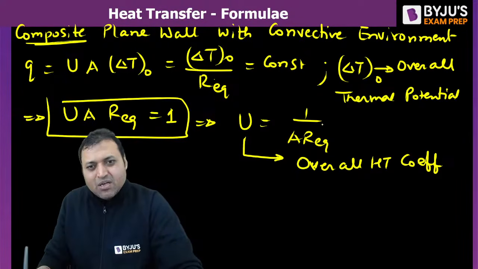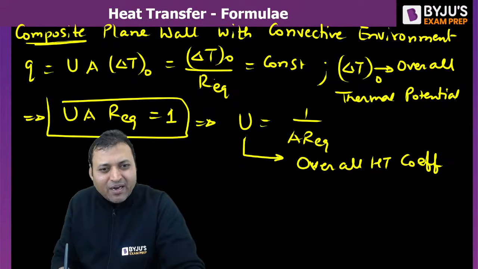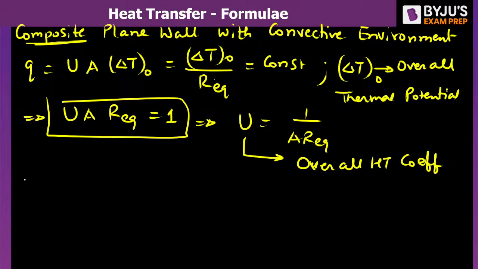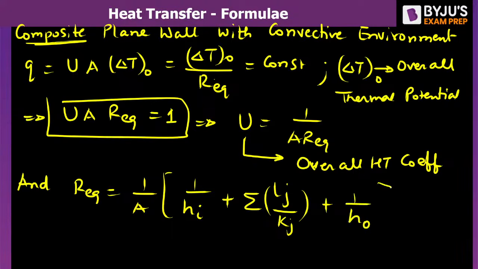Okay. So U is the overall heat transfer coefficient, that is 1 upon A into R equivalent, where R equivalent will be given by 1 upon A into [1 upon HI, the inner convective heat transfer coefficient, plus summation of Lj by Kj, j equal to 1 to N, plus 1 upon H naught].